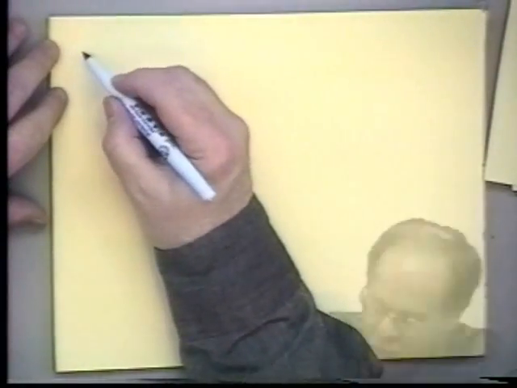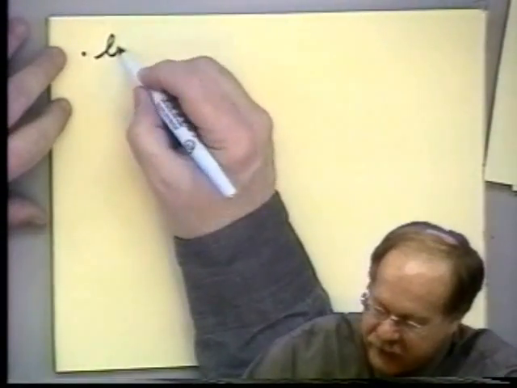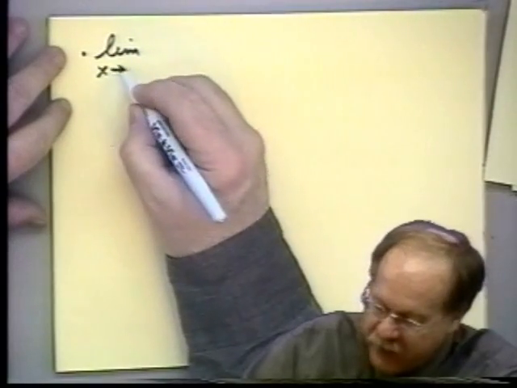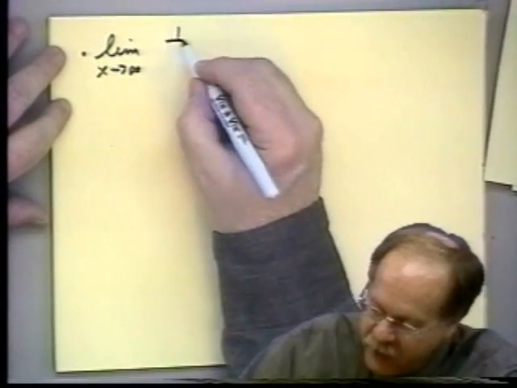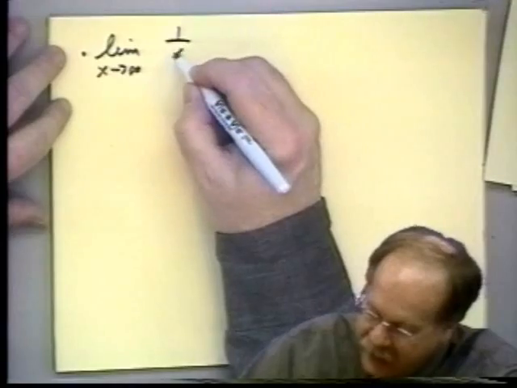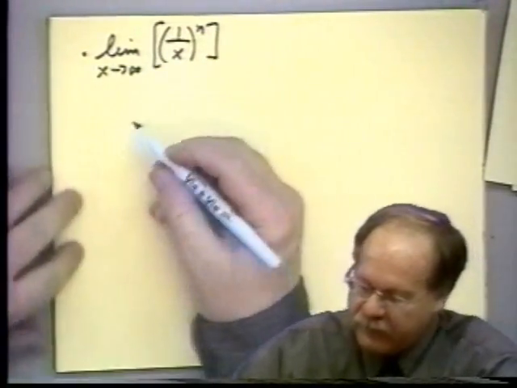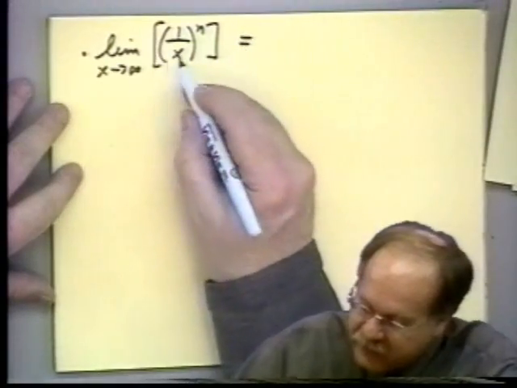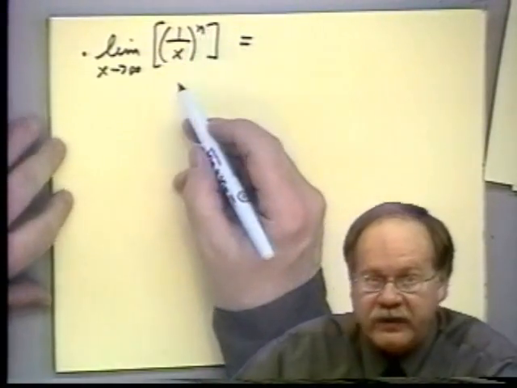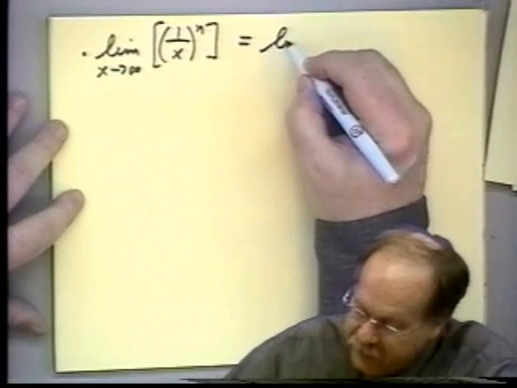Now there's one other that's very interesting and follows from the product rule for limits, and it's this case. This one we use a lot. Suppose you have 1 over x to the nth power. Then since this is a function to the nth power, the same product rule holds.